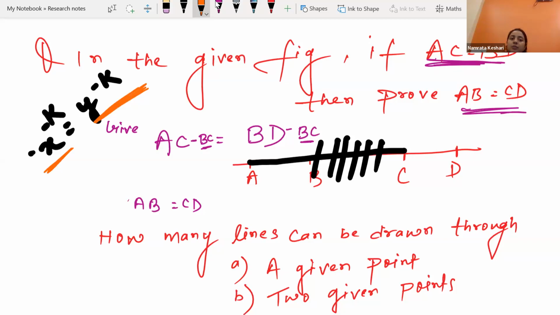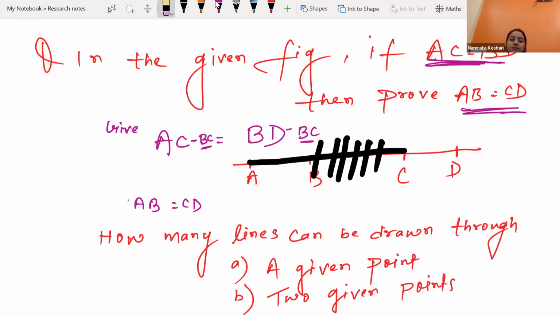That's what axiom number 3 says, and we have used that axiom here in brackets. You need to mention the complete statement of axiom number 3. Got it? Yes, ma'am.